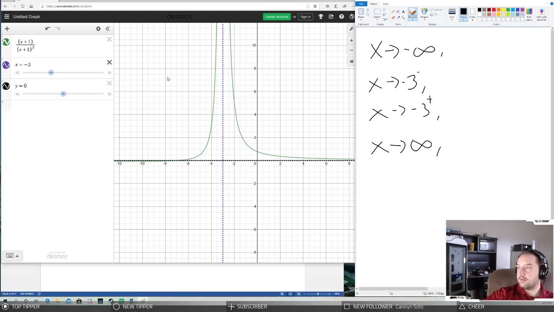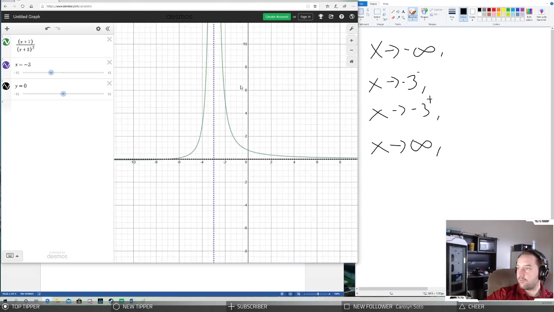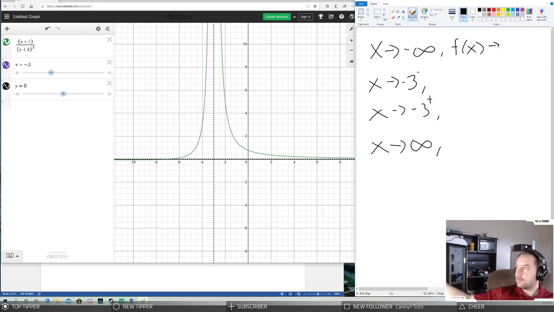And so now I can go through and say what my y is doing. So as it approaches negative infinity, my y is going towards 0. As it goes to -3, it's going to go to infinity.